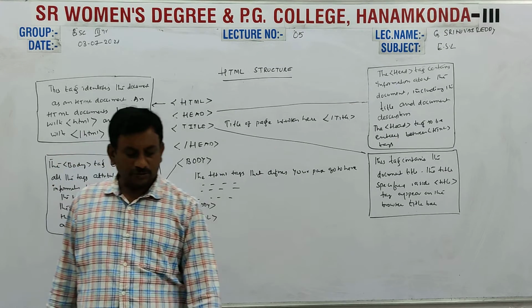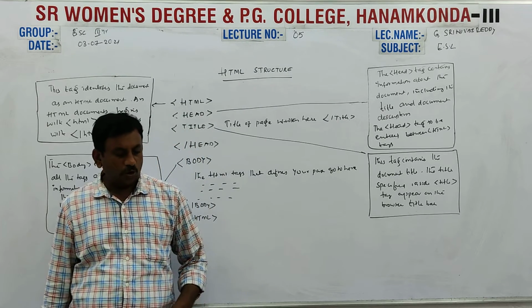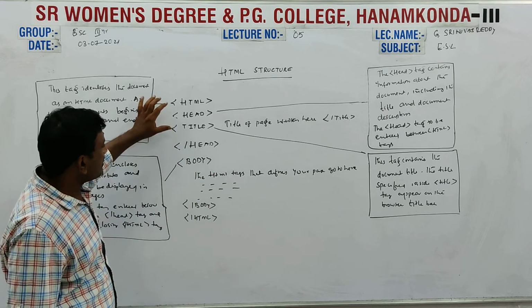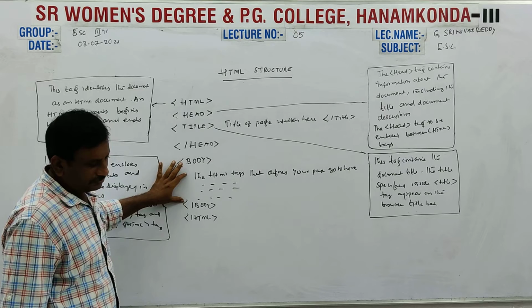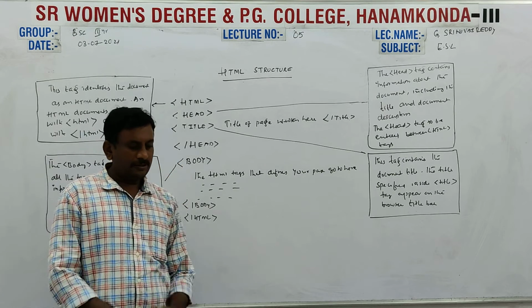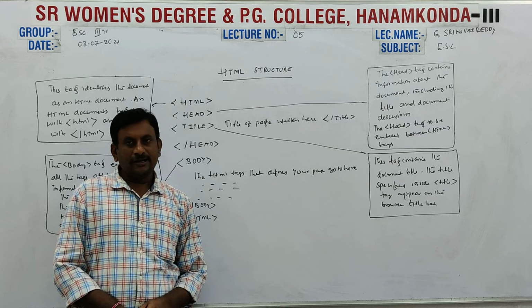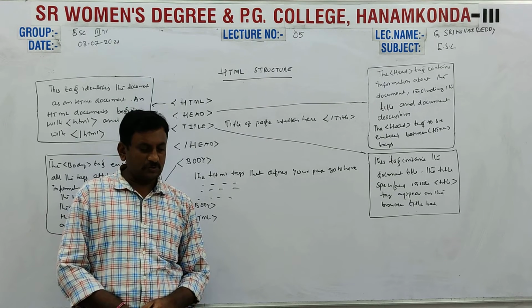Every HTML document has two parts: one is the head section, another is the body section. And the HTML tags: head and head close, and body and body close. HTML open, HTML close.